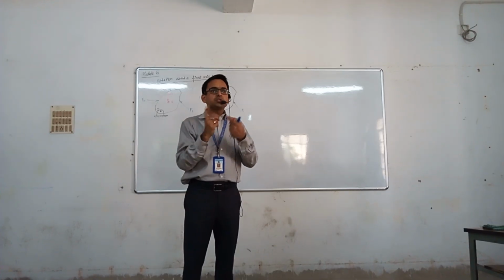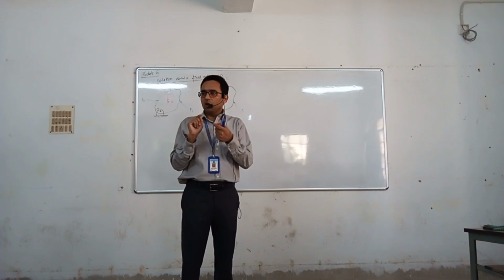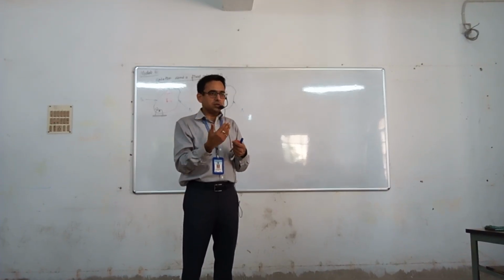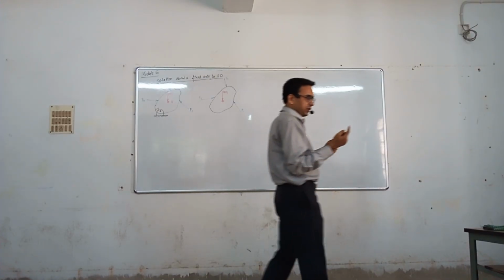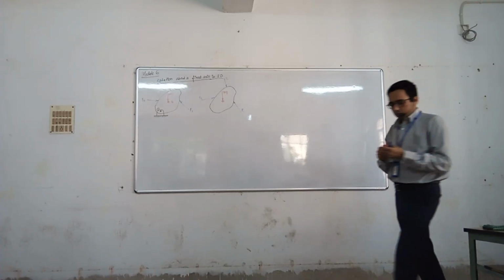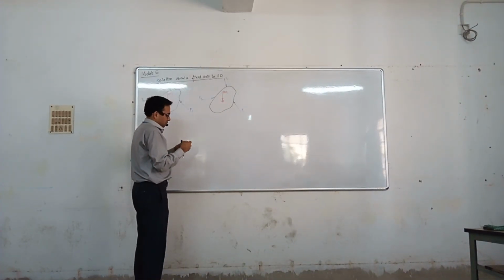Depending on the choice of coordinate system, we can show either x and y, or normal and tangential. Since for a rotation, radial and circumferential, or normal and tangent, is a convenient choice.